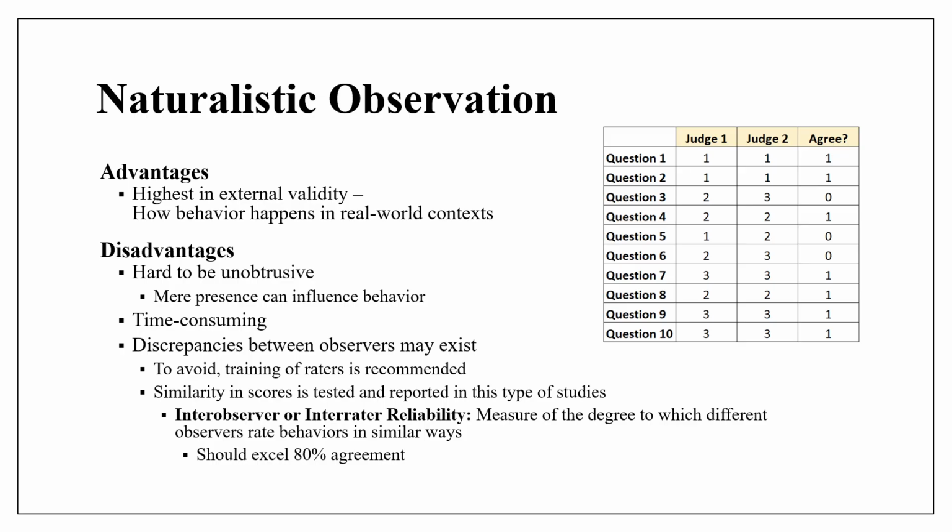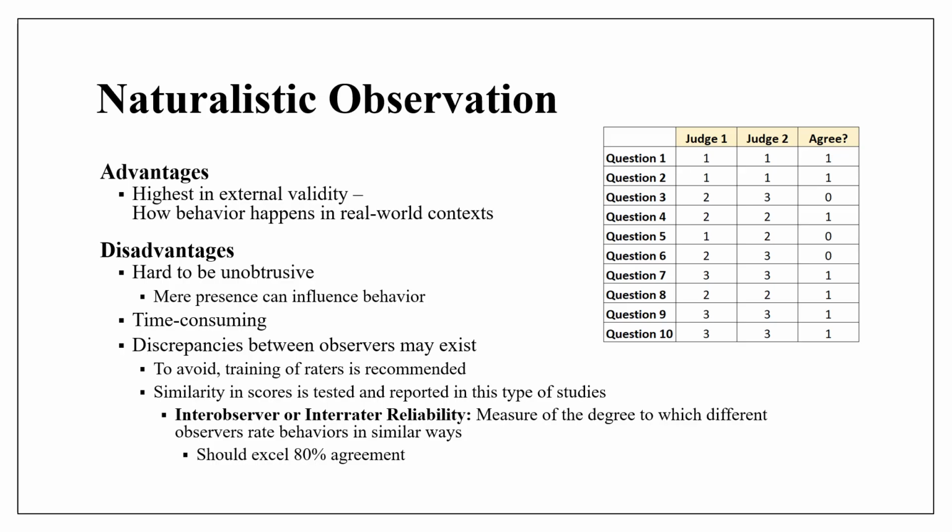And then here I have a very quick screenshot of how it would look. We have 10 questions, we have two judges, and then we can see whether they're in agreement or not. So we can see that, for instance, for question 1 and 2, both judge 1 and judge 2 agreed on what was the code for that, but for question 3, there was a disagreement.